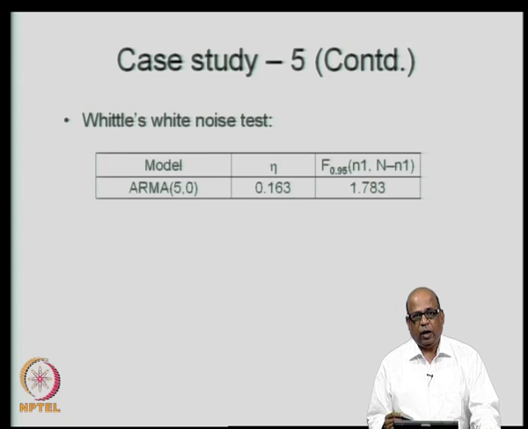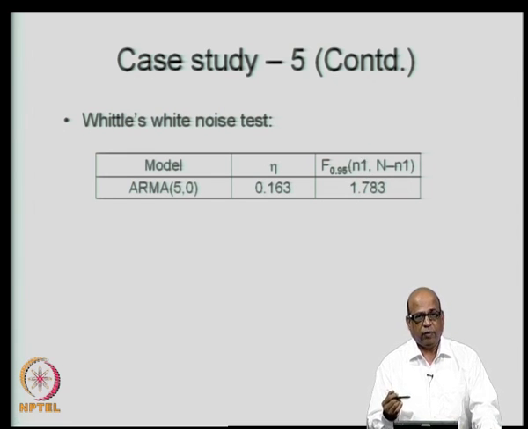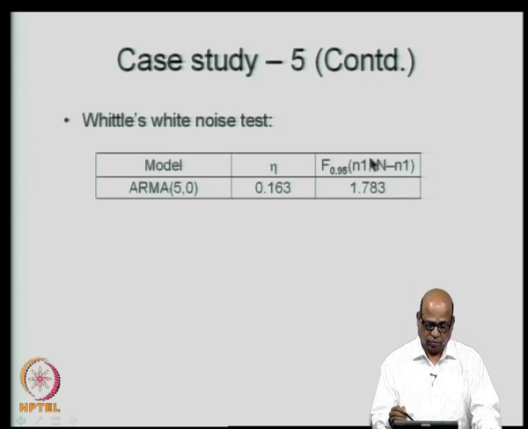Similarly, we look at the white noise test, and if you recall, it is the Whittle's white noise test, in which we formulate the eta again and then compare it with the F distribution with arguments n1 and n minus n1, where n1 is K max. K max in this particular case we have taken as 25, the maximum lag that we have considered. So n is 52 and n1 is 25.